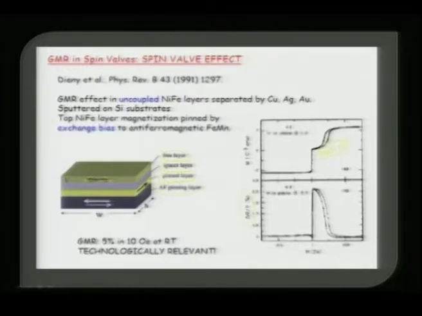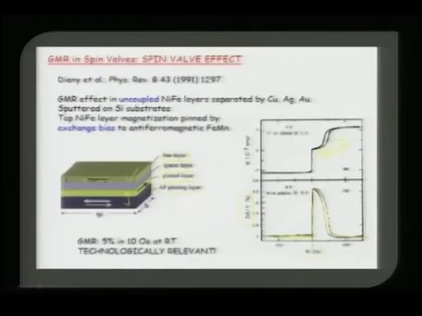If you measure the resistance as a function of field, you can see when this ferromagnet is pinned, it is coming this way, and then this free layer can rotate very sharply. In other words, you can achieve saturation with even 10 or 20 Oersted, because this is a free layer and it can easily rotate to align in the direction in which it wants.